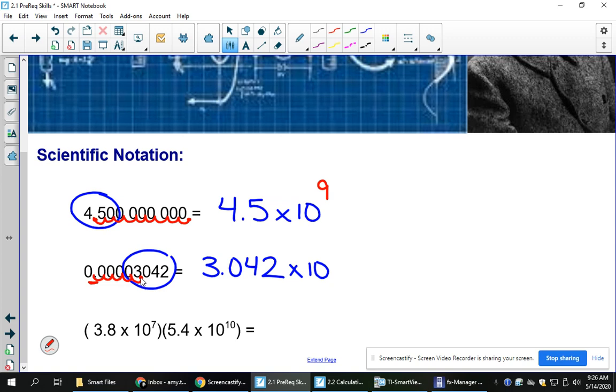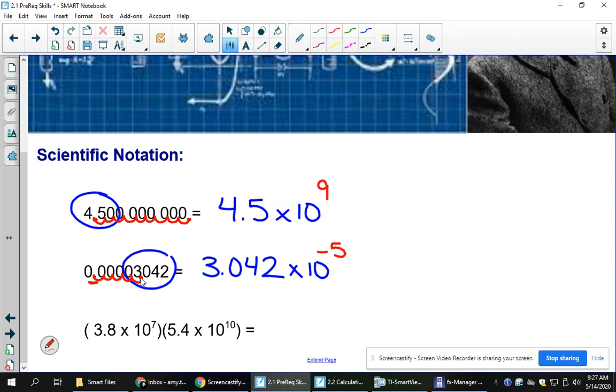So 1, 2, 3, 4, 5. Now see how those move to the left? That means your exponent is -5. If your exponent is positive, it's going to make a very big number. If your exponent is negative, it's going to make a very small number, like 0.00003042.